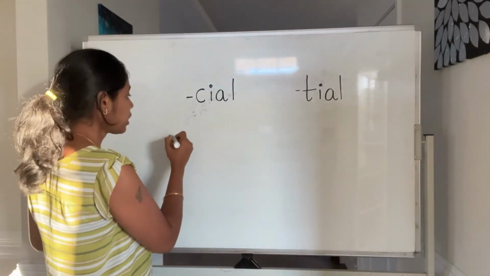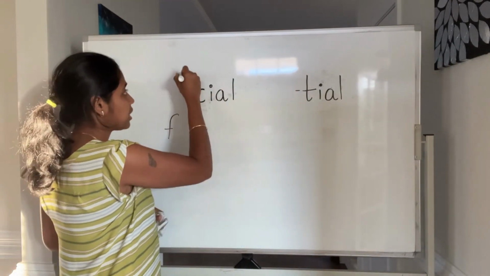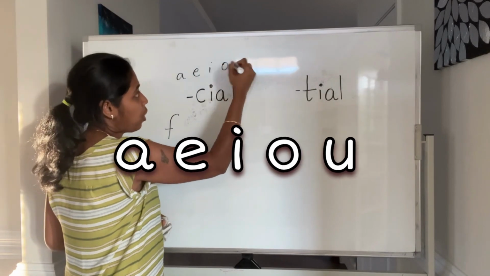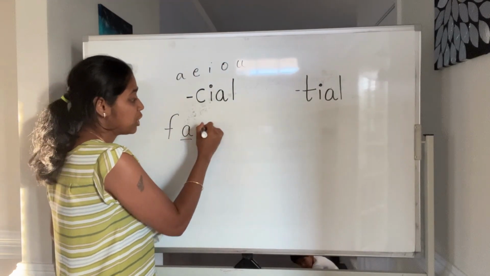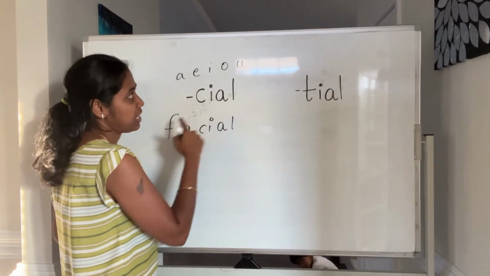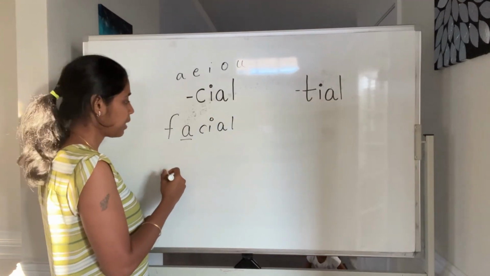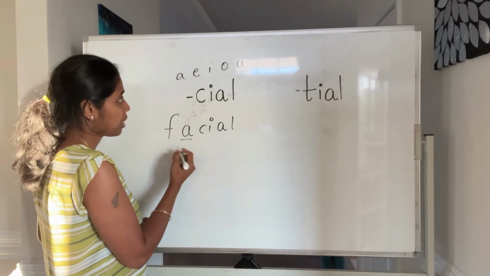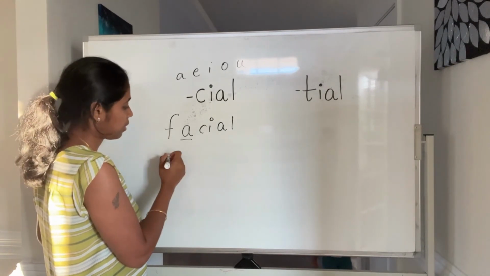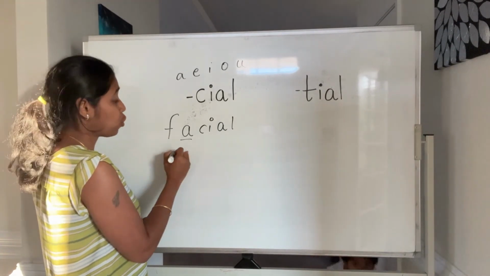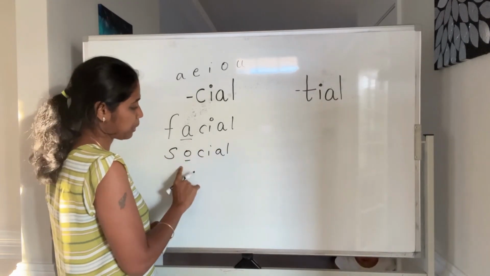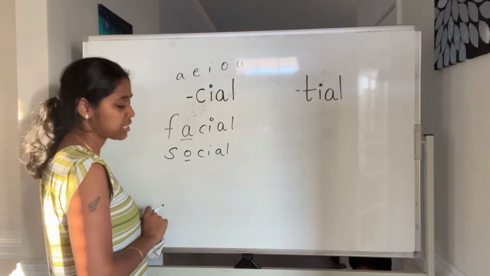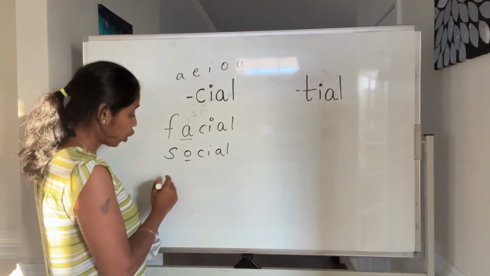Let's take the vowels A, E, I, O, U, and try to find some words. Facial, so you use cial. Next, social. Special letter followed by the cial sound. Next, crucial.